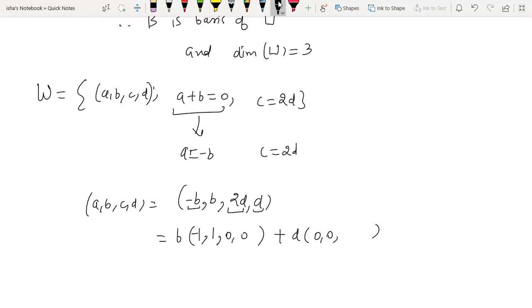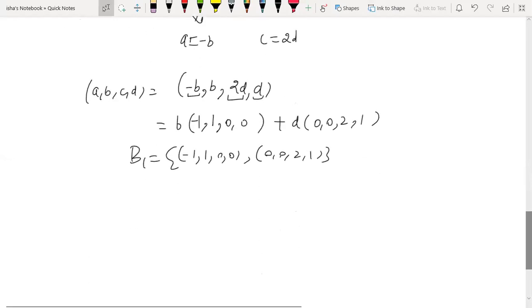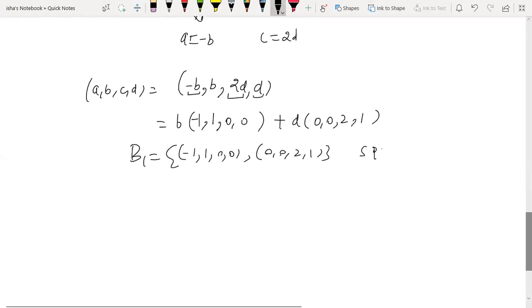Similarly, for D it is 0, 0, 2, 1, because it is 2D, and in the last it is just D. So I have got these two vectors. Let me denote this set by B1: (-1, 1, 0, 0) and (0, 0, 2, 1). So this is the spanning set. This B1 is spanning W as a vector space.